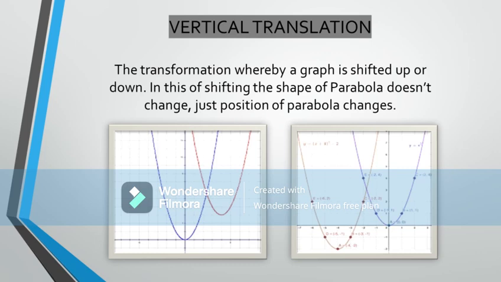In this kind of shifting, the shape of a parabola does not change, just the position changes, whether the parabola will go up or go down. In the left hand figure, the graph in blue color is the parabola, while the vertical translation is shown in red, which is shifted upward. Similarly, on the right hand figure, the vertical translation shown in red is shifted downward.